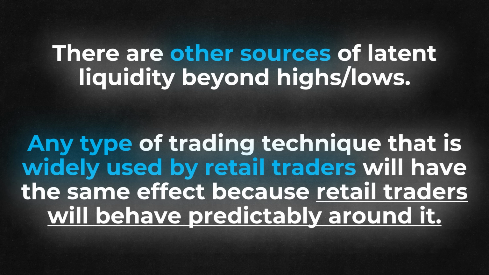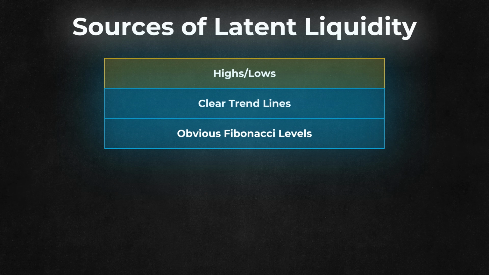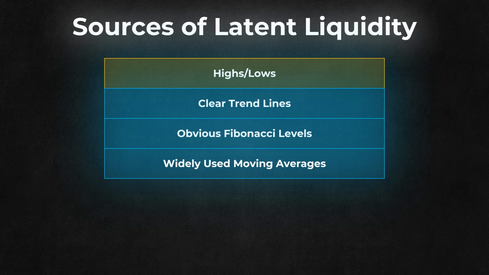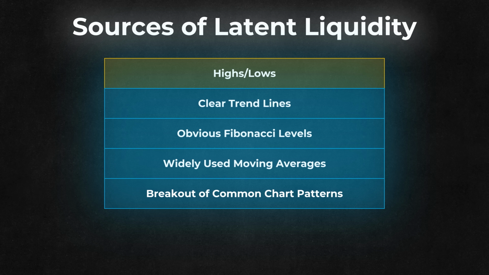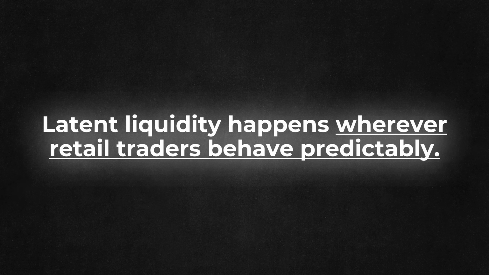So beyond highs and lows, techniques like clear trend lines, obvious Fibonacci levels, widely used moving averages, breakouts of common chart patterns, and even psychological levels in the market can be subtler sources of liquidity. Latent liquidity happens wherever retail traders behave predictably. In that sense, latent liquidity is not a feature of market structure exactly.